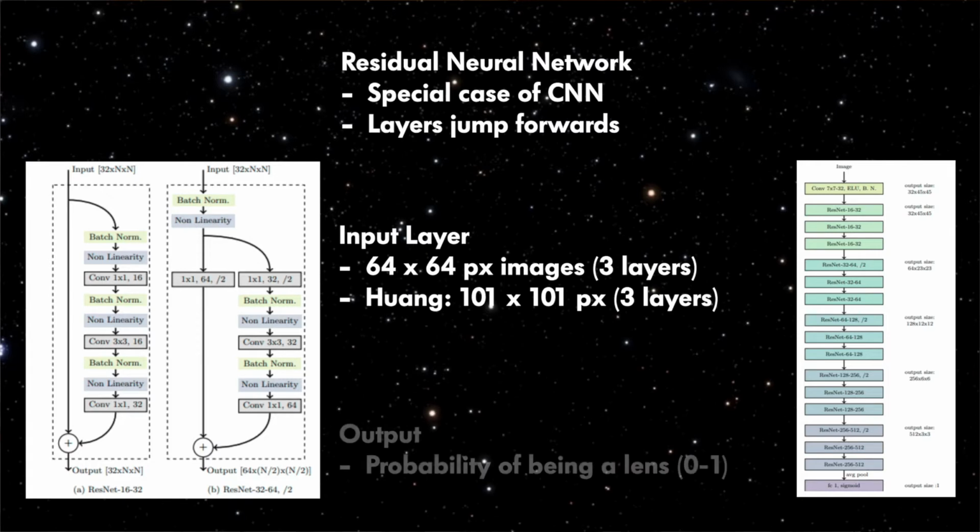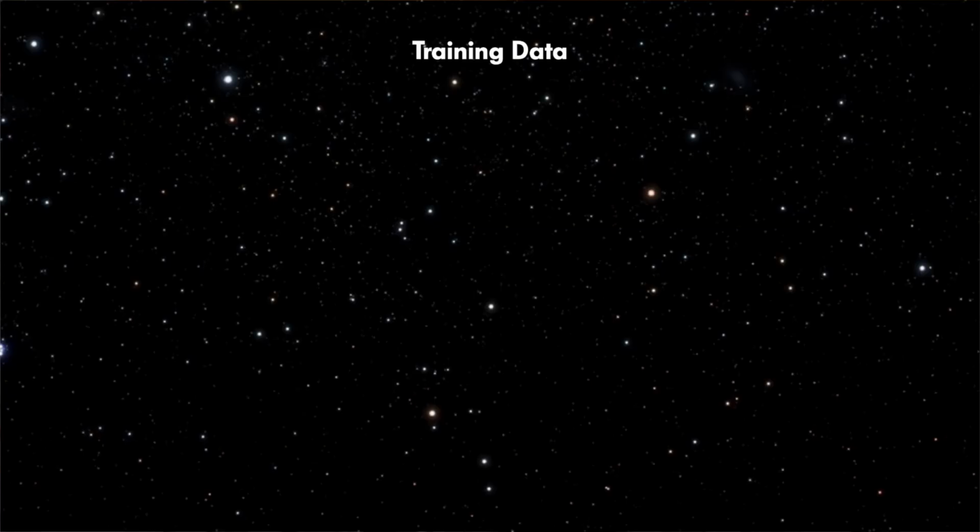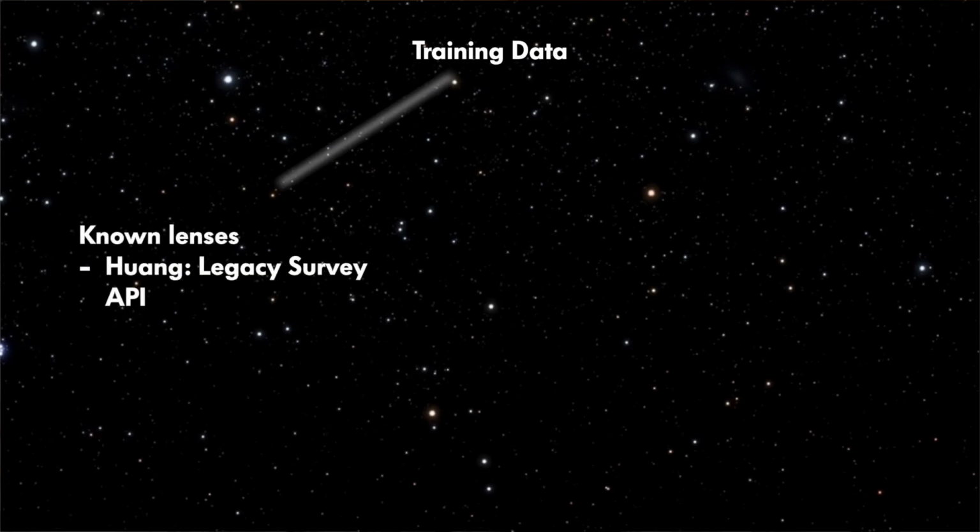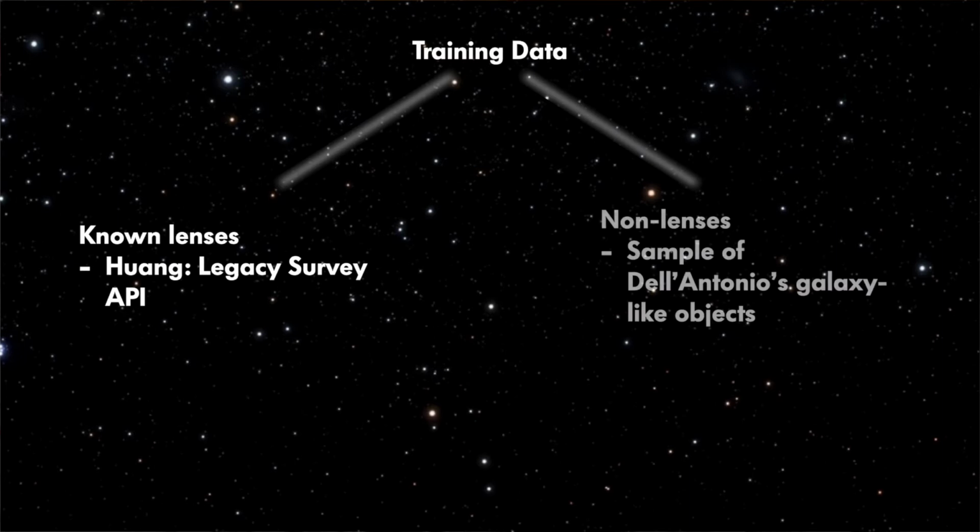And the output layer is a single neuron with a probability of being a lens, which is a continuous value between 0 and 1. For the training data itself, we take our known lenses from the Huang paper and use the Legacy Survey API to get cutouts for those lenses, and for our non-lenses, we use a sample of the galaxy-like objects that we defined.